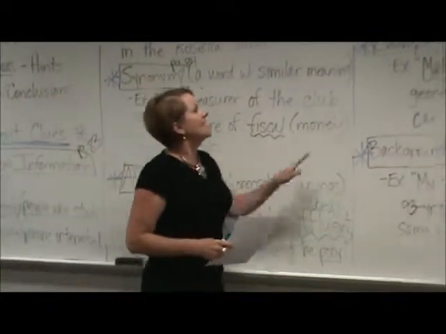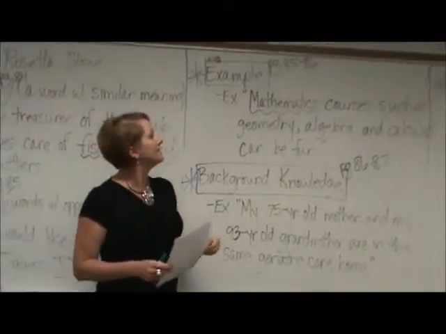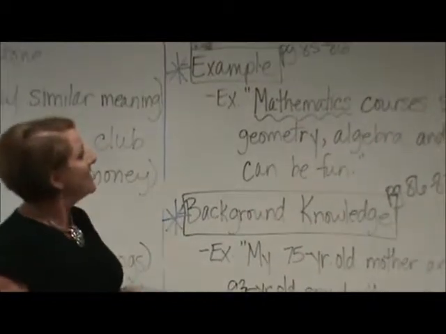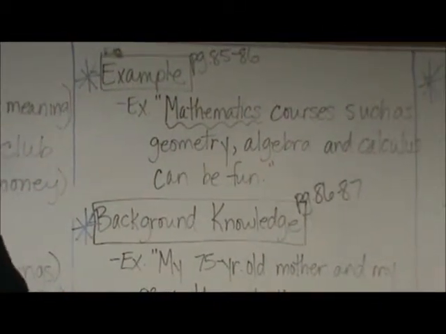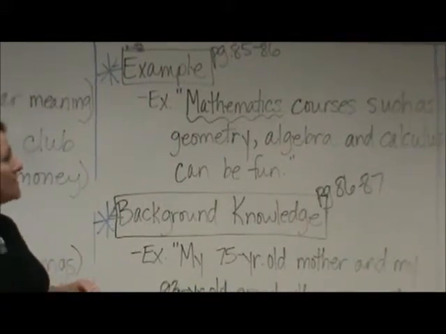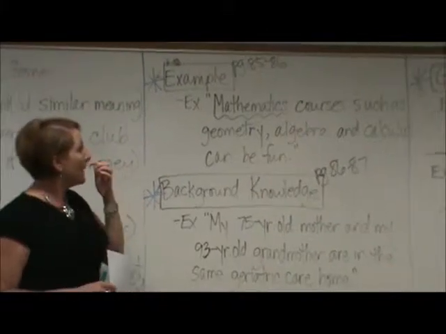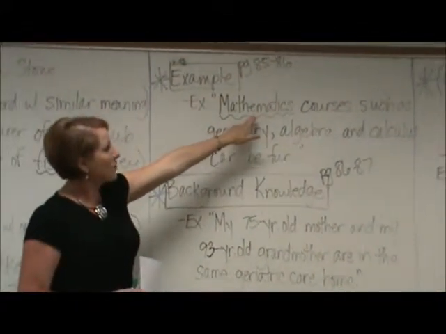Next is an example clue. These are on page 85 and 86. An example of an example clue is this sentence. It says mathematics courses such as geometry, algebra, and calculus can be fun. Okay, it actually gives us examples of what mathematics courses are.